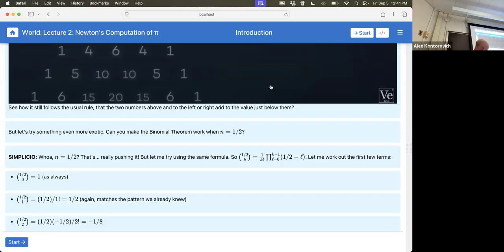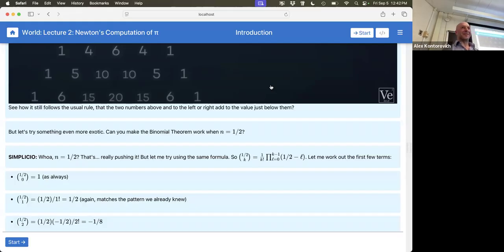So it's going to be n times n minus 1 times n minus 2 over 3 factorial. And what does that come out to? Oh, 16. Everybody got it?